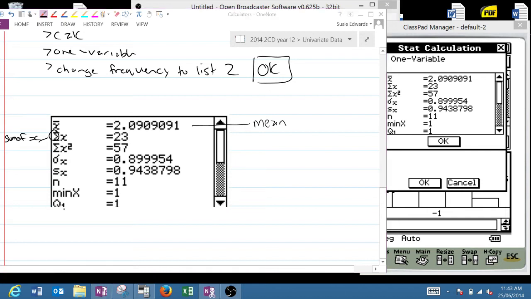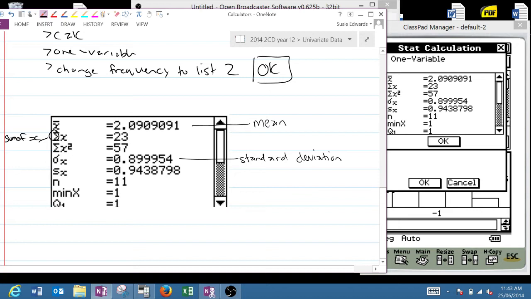This next one though is one of our lessons coming up, and this is called the standard deviation. We'll spend a whole lesson on that, okay? But you need to know where to find it. The next one we don't use, it's a different type of standard deviation, but we use the top one.